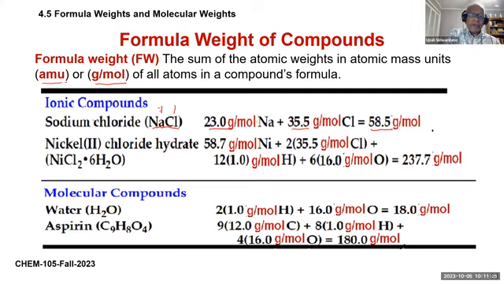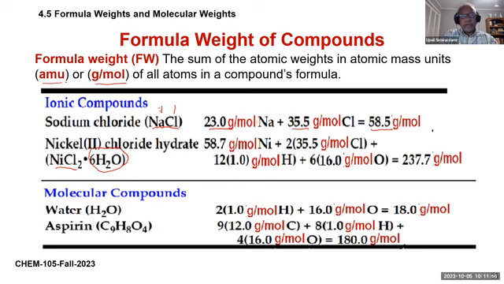Ionic compounds, nickel chloride. This is nickel 2 chloride hydrate. Don't worry about this water molecule. That's when the nickel chloride crystallizes. It includes water molecules. That's how the nickel chloride is found as hydrate, hexahydrate.